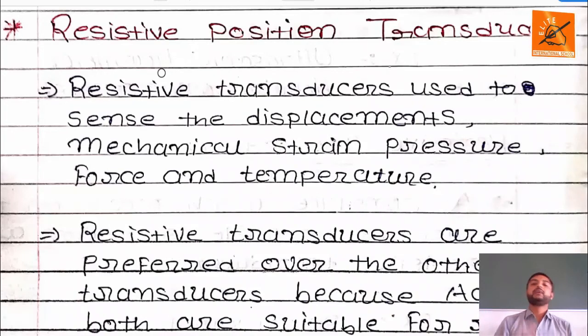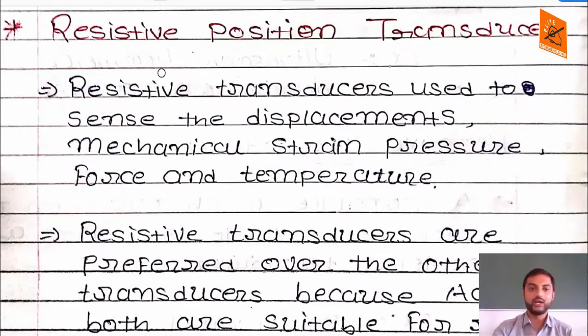Even there is another formula too: R equals rho L by A. If somehow you change the resistivity, or you change the length, or you change the area of the wire or resistive element, then you can easily change the resistance of that element. Yes, a resistive position transducer can work on either principle.